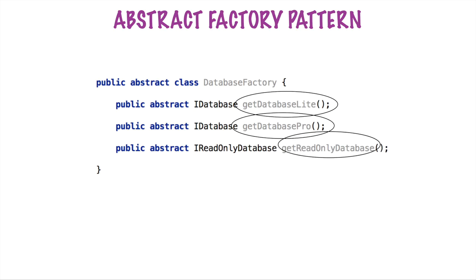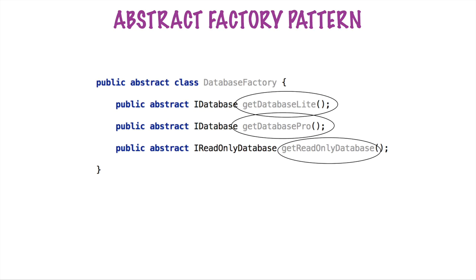Every implementation which derives from the abstract database factory will have implementations which return its own version of that family member. So the Microsoft implementations will return its own light database, own professional database, and own read-only database, as will the Oracle implementation of this database factory.